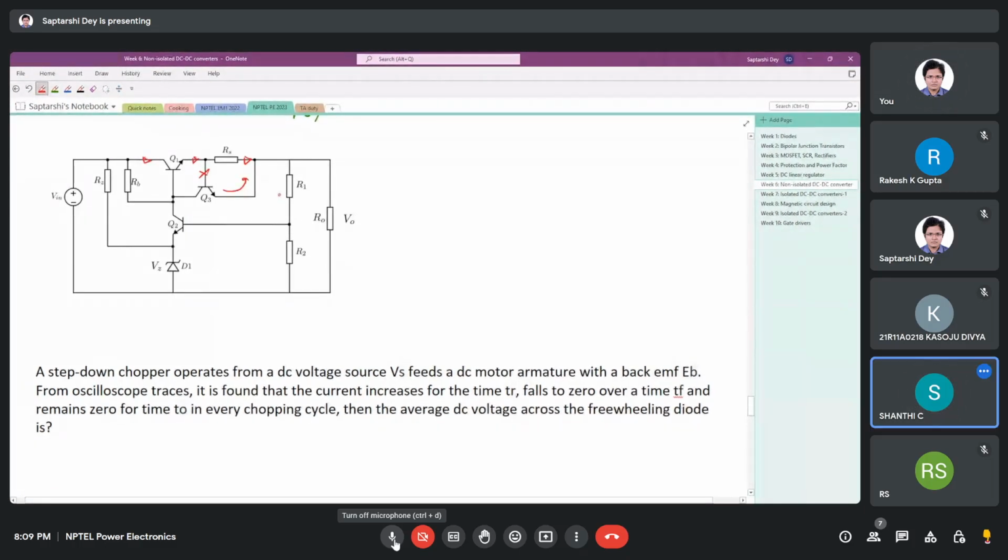Because in all the designs, the current flowing through RS is taken as I naught. I think that happens at steady state, because the current limiting does not happen then.